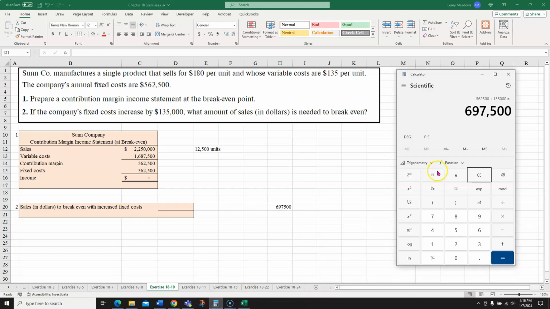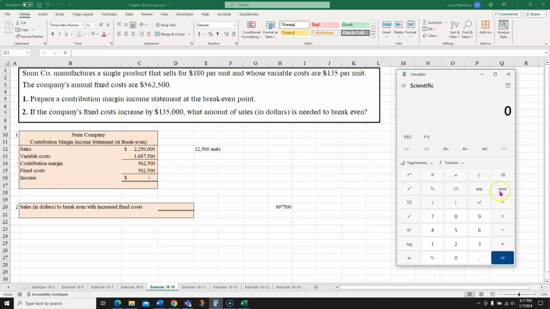What was my contribution margin ratio? Because I can just take this new level of fixed costs divided by my contribution margin ratio, and that will give me the amount of dollar sales I need to cover my break-even point.